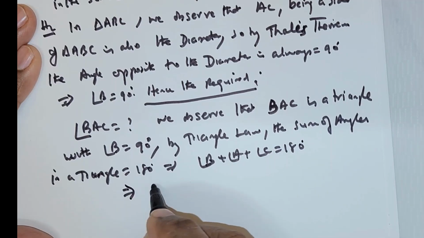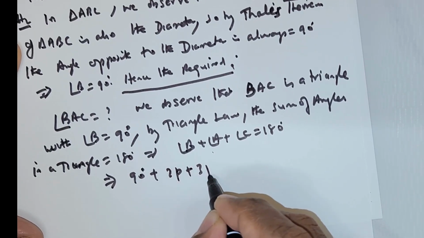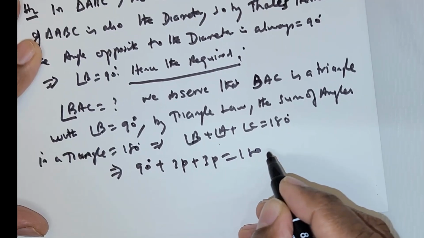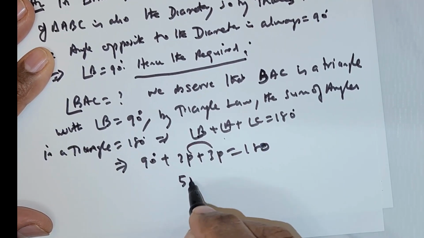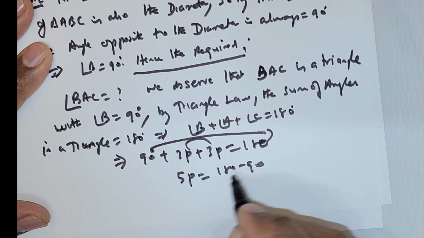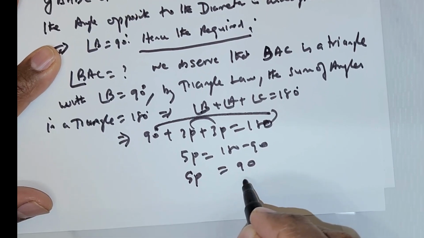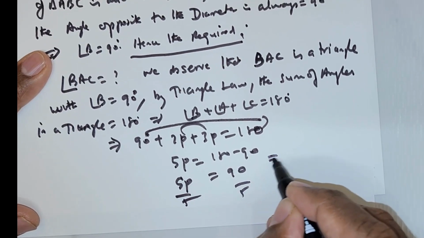Angle at B is 90 degrees. Angle at A is 2p, angle at C is 3p. So 2p plus 3p is equal to 180. You add these two things, you get 5p. You push this to the other side, you get negative 90. So this is going to be 90. So 5p is equal to 90 divided by 5.